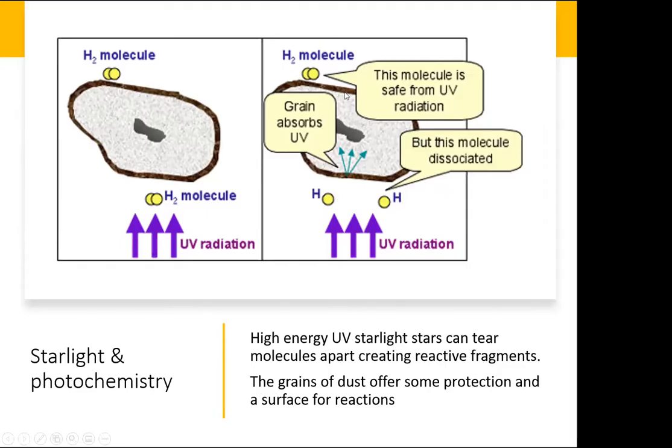But in the presence of an interstellar grain, they can hide either behind on the far side, where they're out of view in the shadow, or more likely they find their way into all the nooks and crannies inside the grains. And in there, there's a nice protected environment.